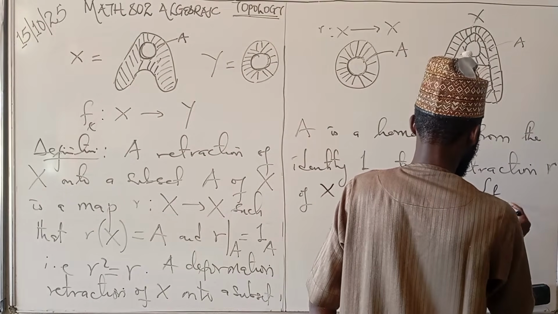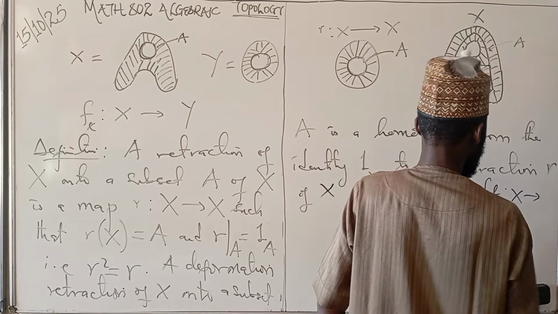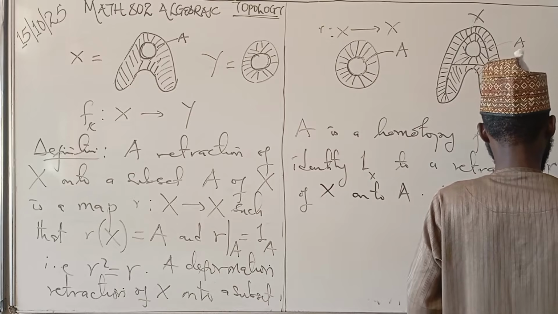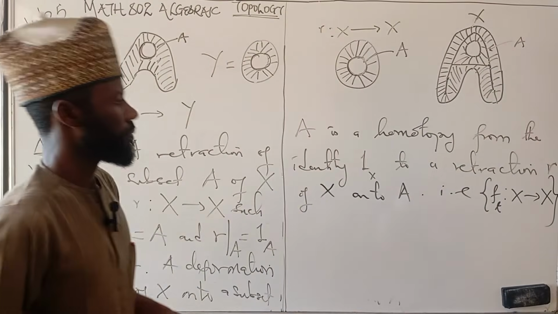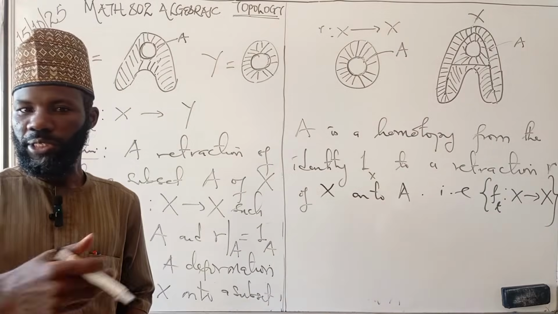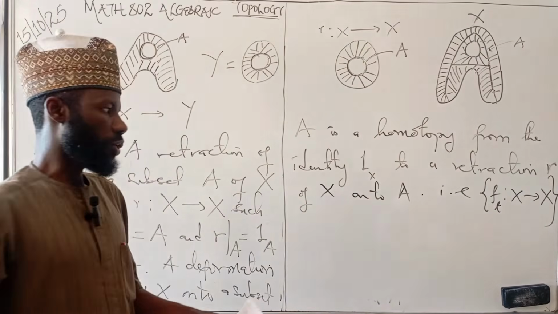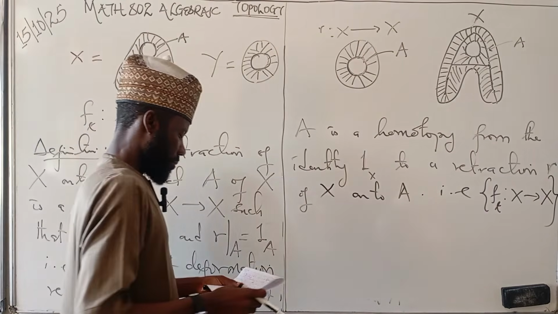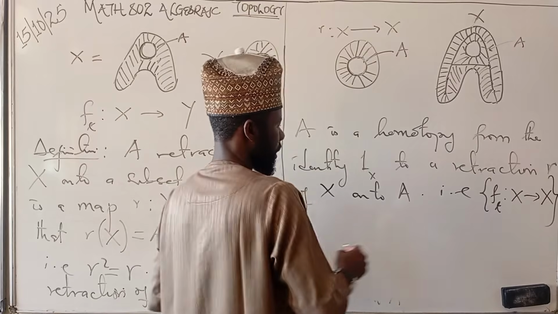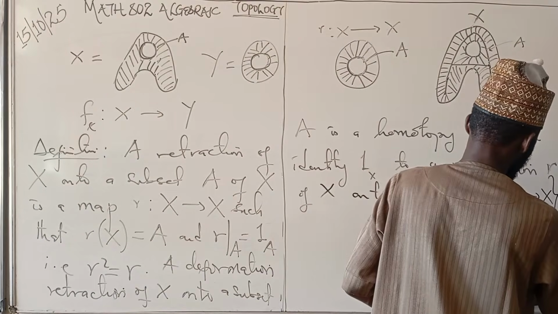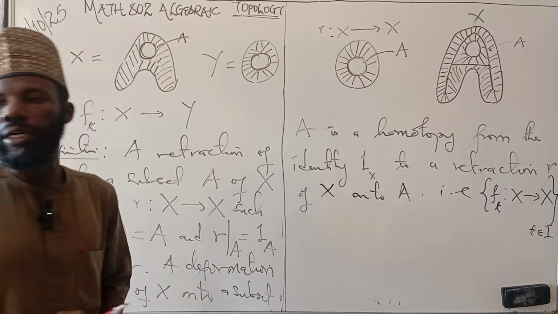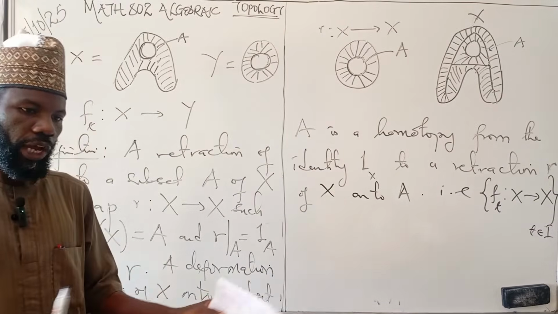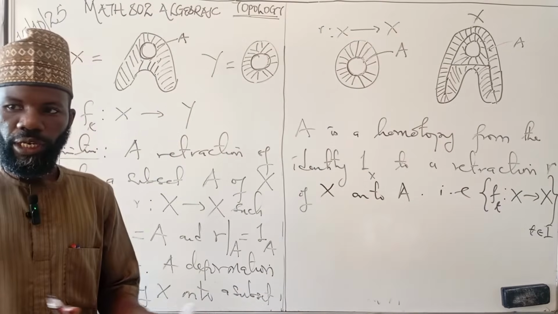It's actually a homotopy Ft from X into X, indexed by t in the interval 0 to 1. So you are thinking of this process as happening in a time interval, like an hour.